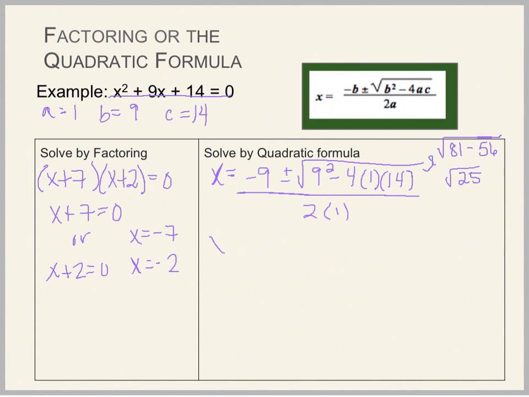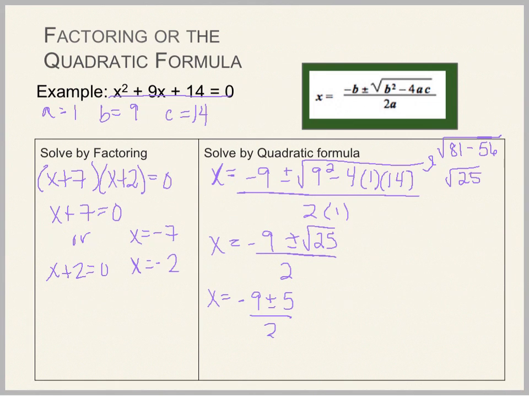So now we see that x equals negative 9 plus or minus the square root of 25, all divided by 2. Well, we know that the square root of 25 is 5, meaning that x equals negative 9 plus or minus 5 divided by 2. There are two solutions in this.